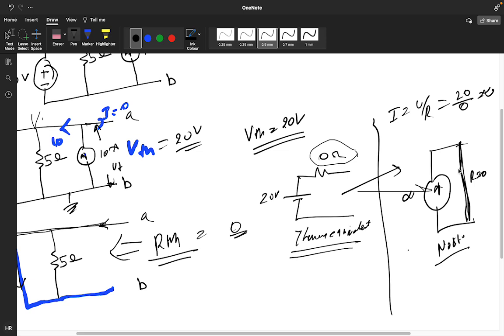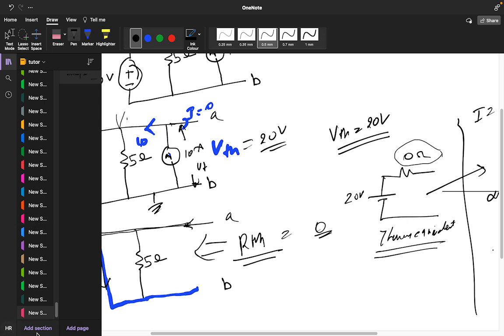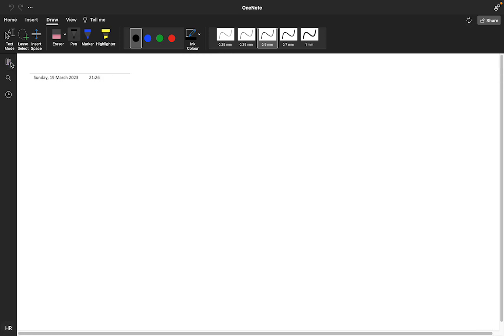This was the concept. And you have one question like this. Develop a Norton and Thevenin's equivalent circuit for the given network.